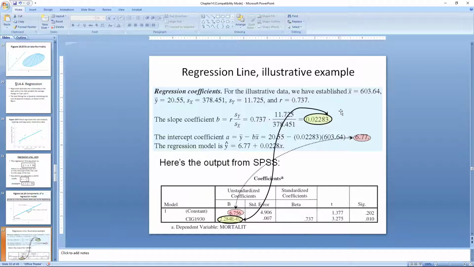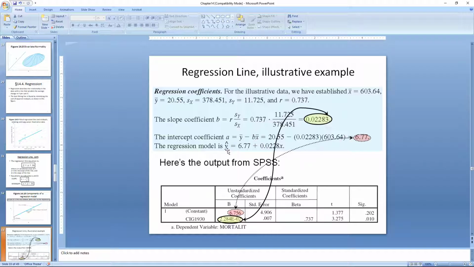Put all the numbers together, where we have our average value for x and our y bar and our standard deviation of x, standard deviation of y, and our r value. Plug those numbers into the equation for b, and we get a value of 0.02283. Plug the values in to get our a, and we get 6.77.